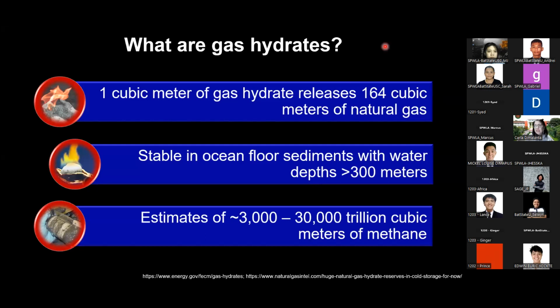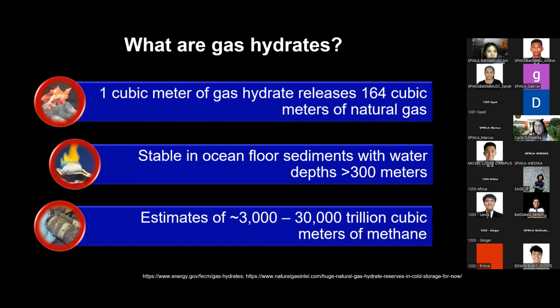So I'm putting emphasis on the depth at which it is found because later on we will see what sort of challenges this presents to us when it comes to exploring for gas hydrate deposits. And once they are found, what are the technologies that are available to us if we are going to try to extract these deposits from depths of greater than 300 meters.